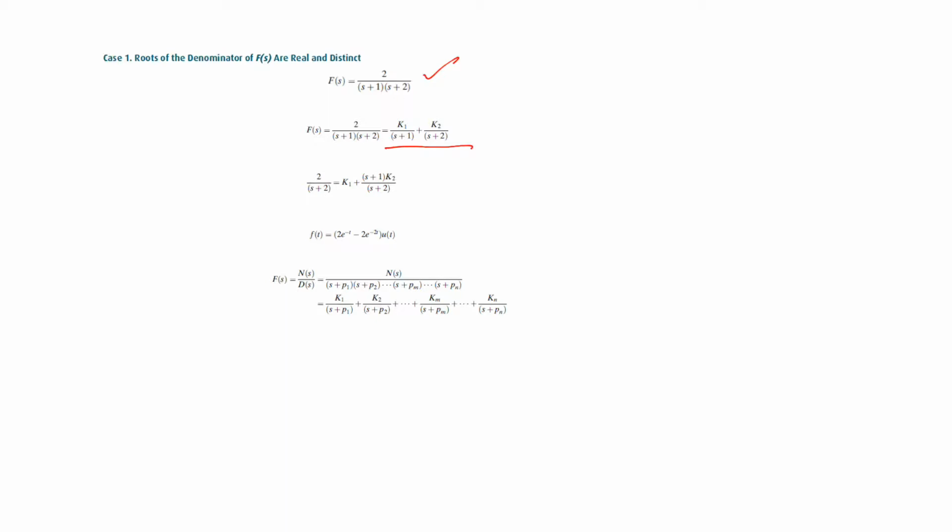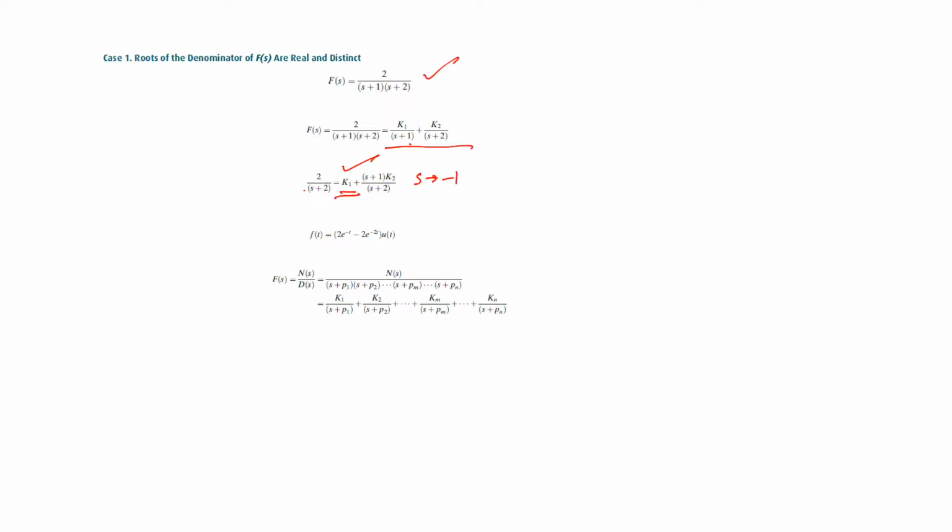To find them, first we multiply this whole function by s plus 1. When we multiply it, we are only left with s plus 2 and k1, and in this case s approaches minus 1.